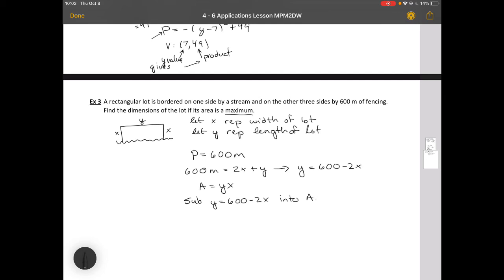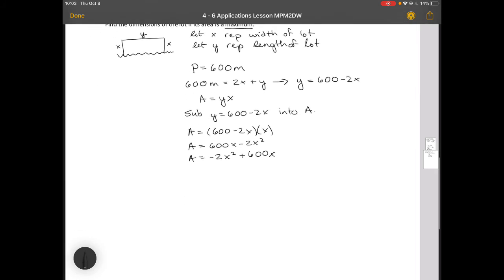What I'm trying to do is create a model for the area based on changing the length and the width. Once I have that model, that's going to allow me to find the maximum by modeling it as a parabola. So I've got a equals (600 minus 2x) times x, and now I can expand that into an equation that is a quadratic, or that is a parabola.